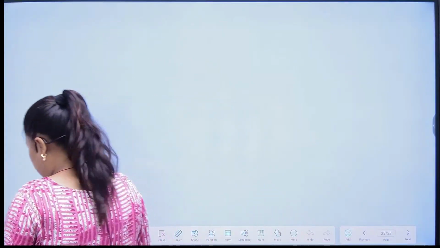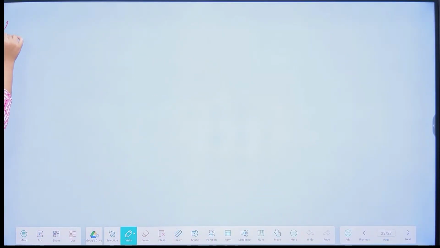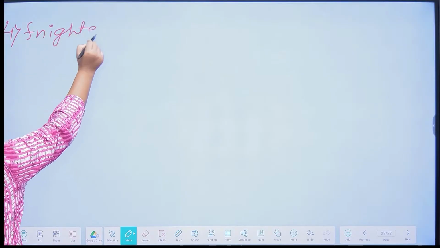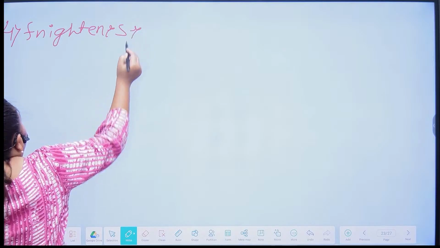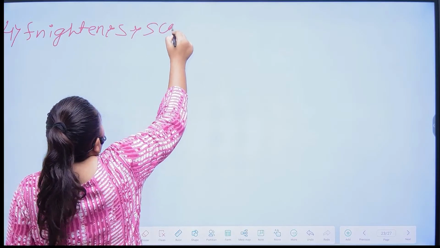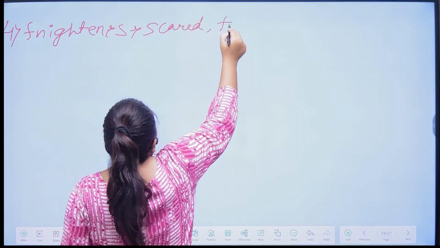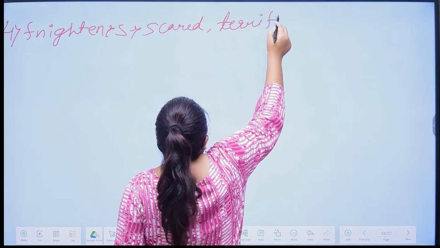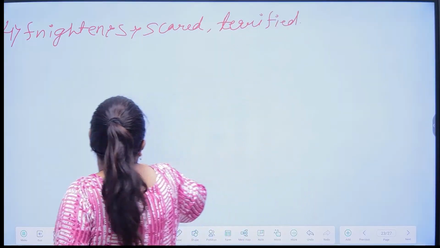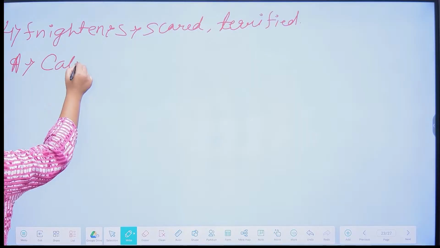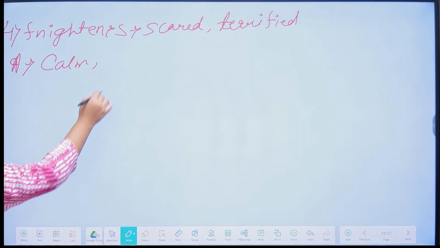Next word is frighten, and the synonyms of frighten are scared and terrified. The antonyms of frighten are calm and comfort.